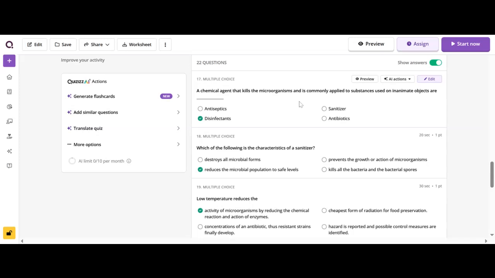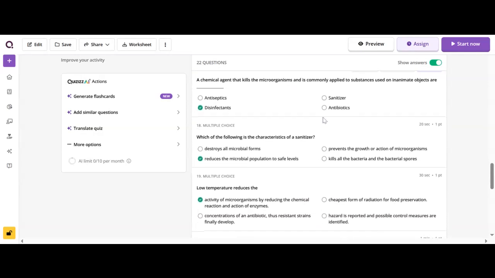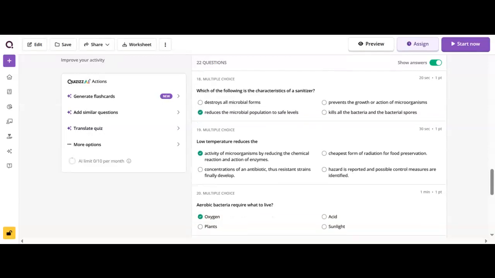A chemical agent that kills microorganisms, commonly applied to inanimate objects, is known as a disinfectant. Antiseptics are those that are used on living tissue. Sanitizers are also used on living tissues. Antibiotics are not used on surfaces, they are for us to consume.